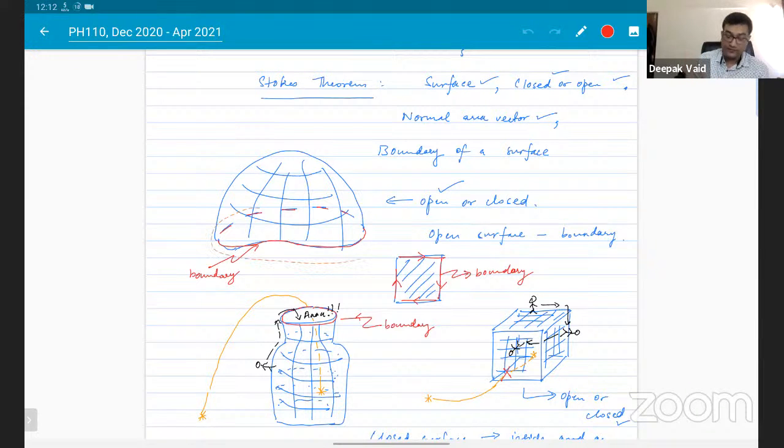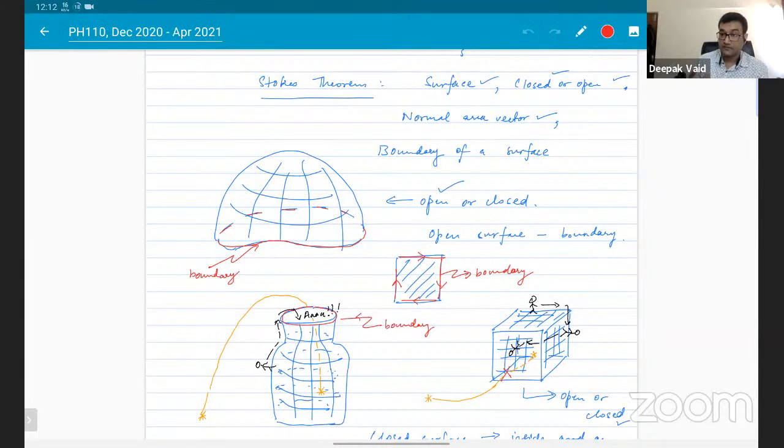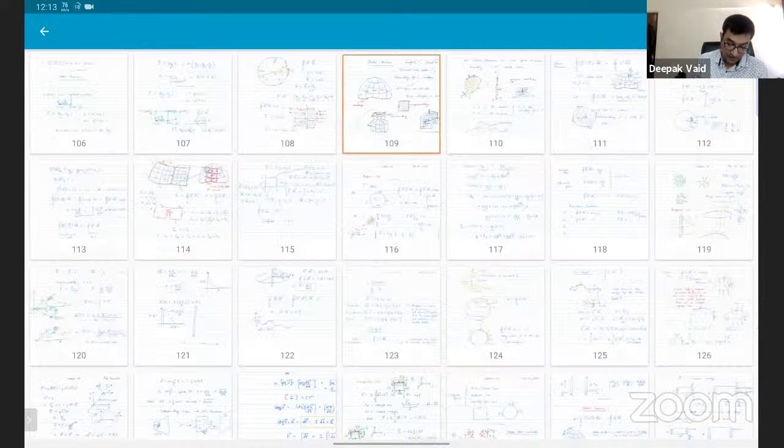The flux of the curl of that vector field is equal to the line integral, the circulation of that vector field around the boundary of that surface. So if you have a closed surface without any holes, then what is the boundary of a closed surface? Zero. A closed surface doesn't have any boundary.